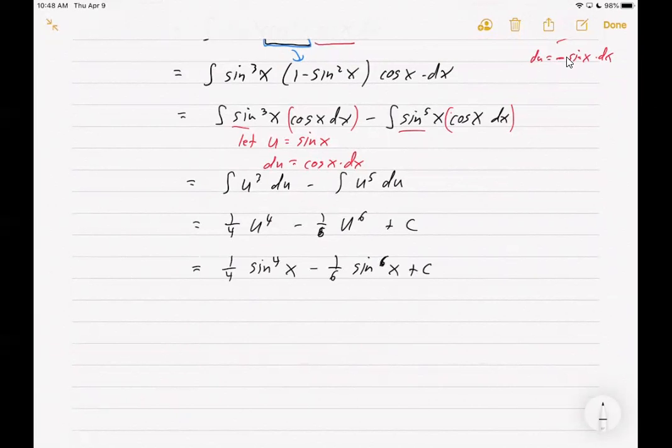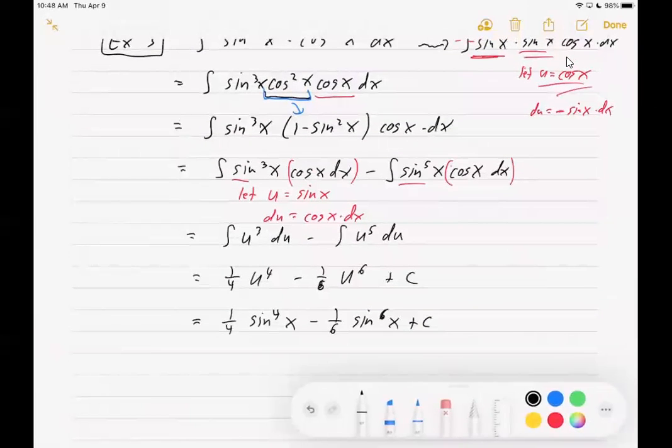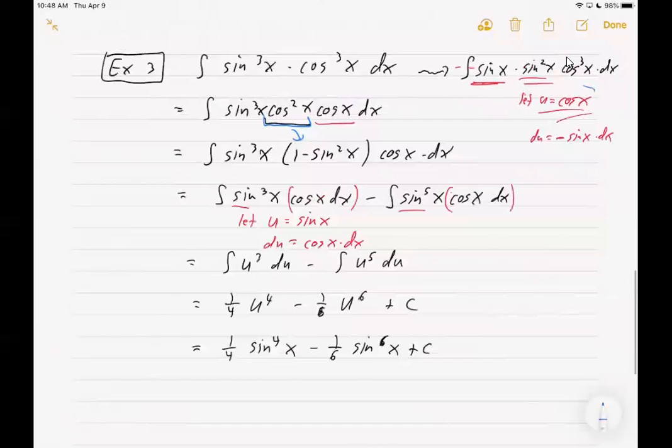One final note, if you had done the other method over here, since we let u equal cosine of x, we would have the whole thing expressed in terms of cosines instead of sines. But if you were to take the answer you get from here and everywhere that you have a cosine squared of x, you rewrote it as 1 minus sine squared of x.